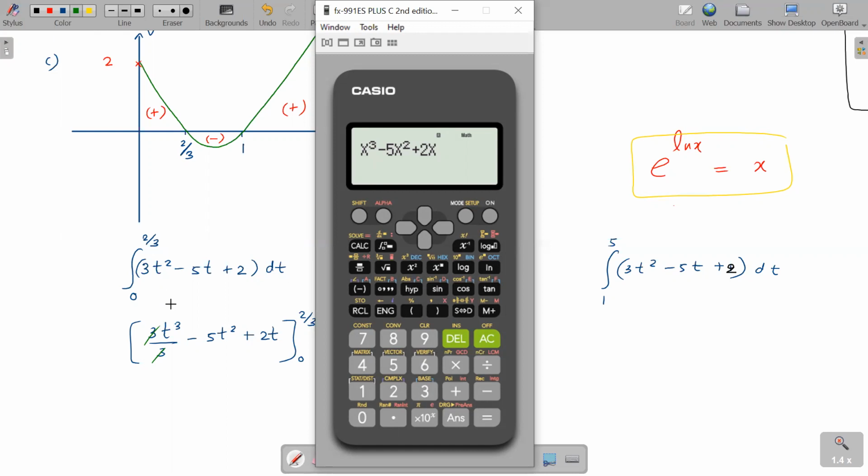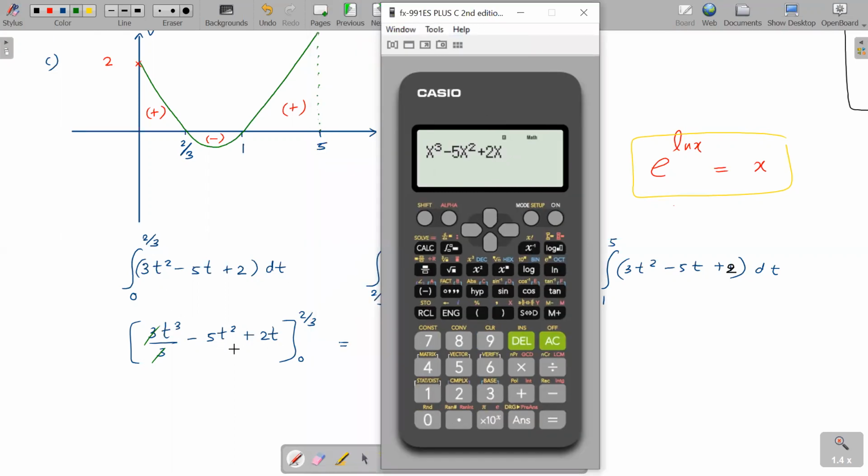It's just t cube minus 5t square plus 2t. And then replace all the t values with 2 over 3, because that is the first limit. So we give all the t values as 2 over 3 and I get the answer minus 16 over 27. Is that okay?